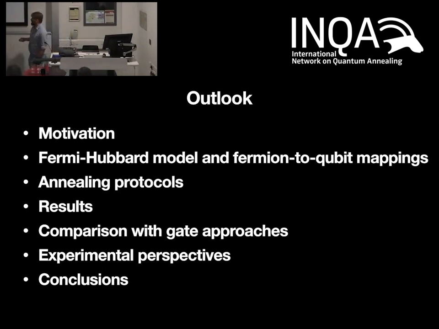Then I will focus on what annealing protocols we can exploit and how they can be beneficial for observing something, which will be supported by the numerical results in another section. Then I will say something about a rough comparison between how gate models try to solve Fermi-Hubbard models and what resources they require in the near term. Finally, what the experimental perspectives are, like what might be done in the future to achieve that, and I will conclude my presentation.